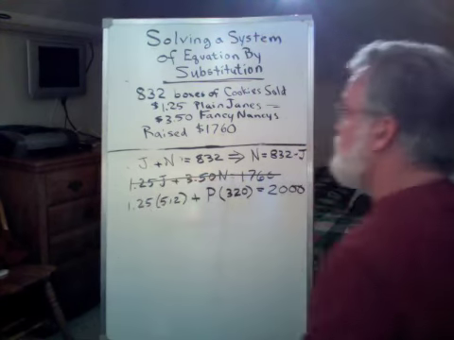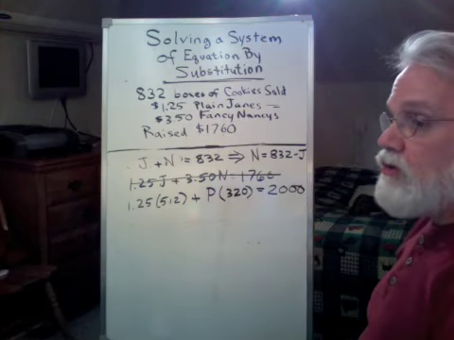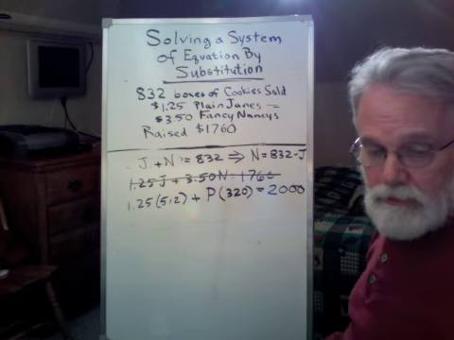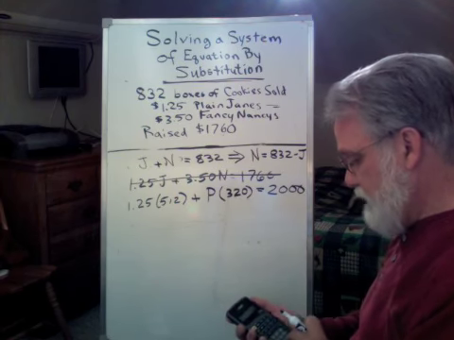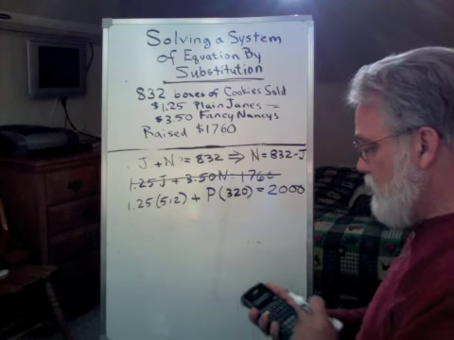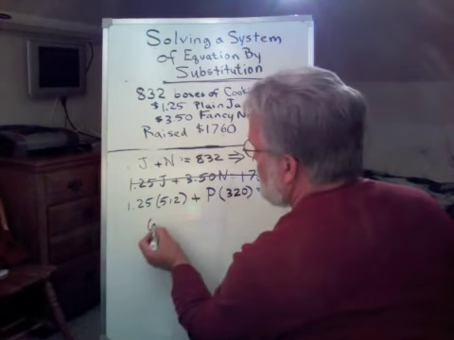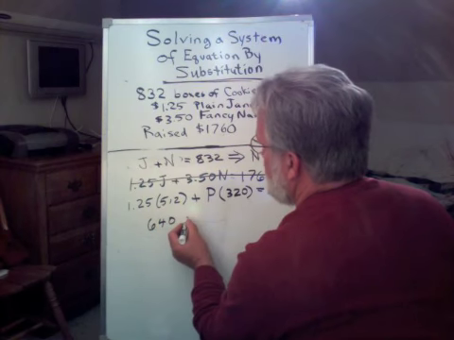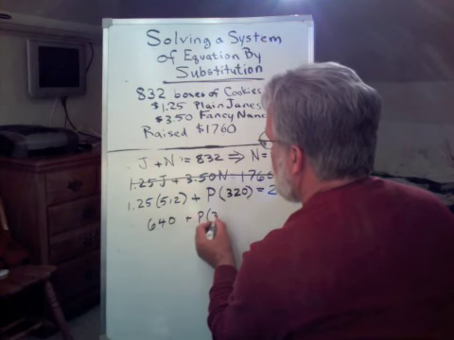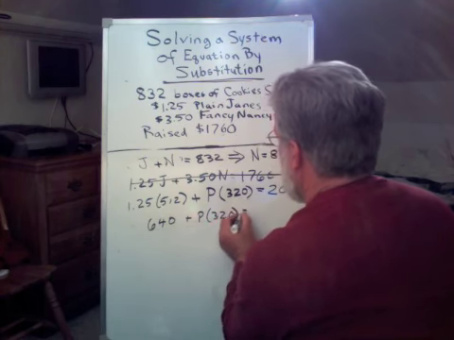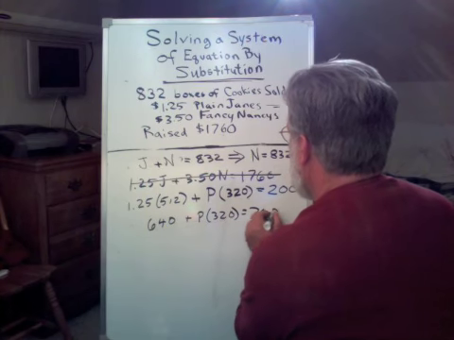So that's no longer necessary. And so we just solve for this. Well, 1.25 times 512 equals $640, plus P times 320 must equal 2,000.